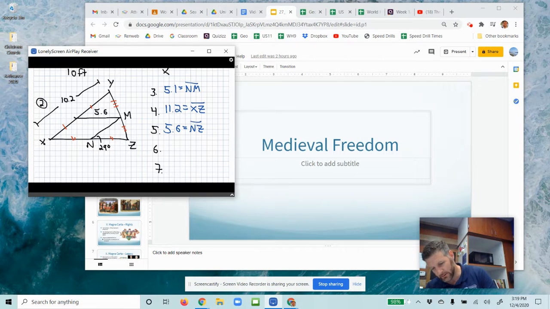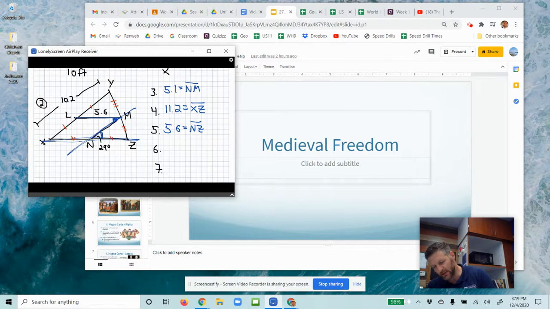Oh, I erased point L on X. L's right there. All right, LMN. So that means we're looking for this angle right here. Well, again, in a mid-segment triangle, you have a lot of parallel lines and transversals, so you want to immediately be thinking alternate interior angles. I can see that LM and XZ are parallel, and here's the transversal.